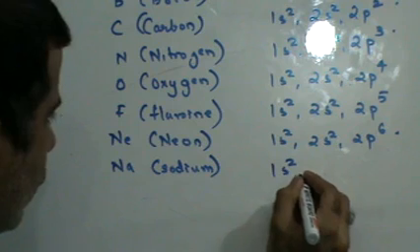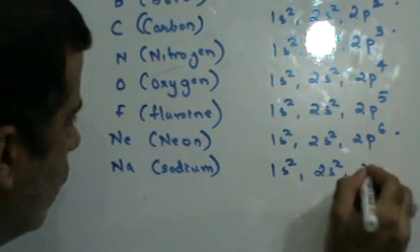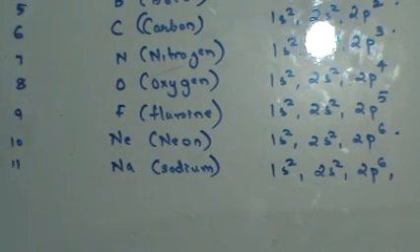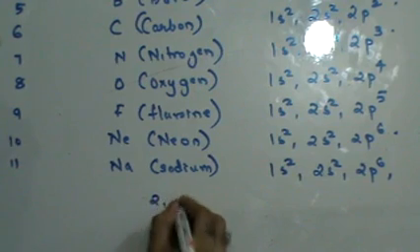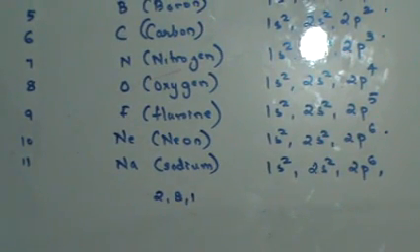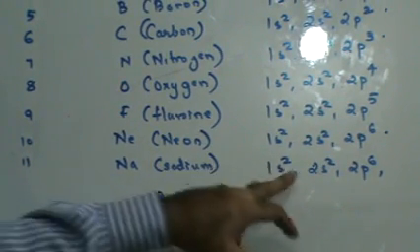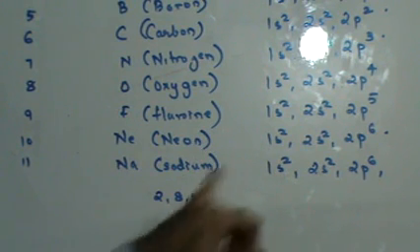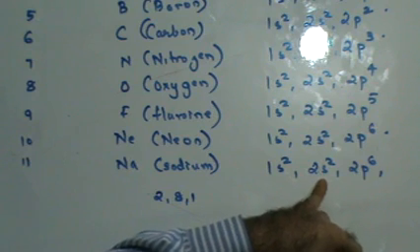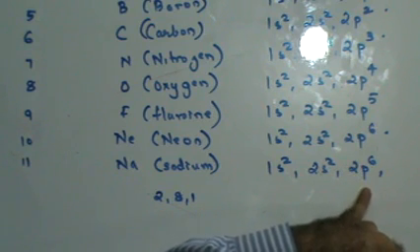First orbit 2, 2s2, 2p6, right? Now we know that the Rutherford electronic configuration of sodium, guys, is 281. First orbit can take a maximum of 2 electrons, I've already filled 2. Second orbit can take a maximum of 8, out of which 2 I have filled in s orbital, 6 I have filled in p orbital.